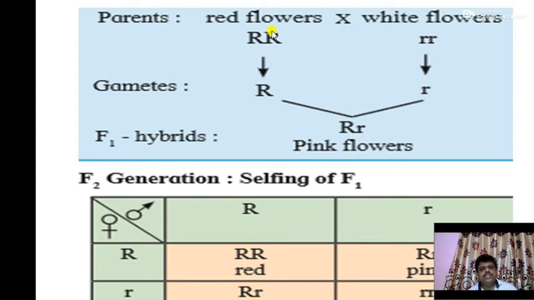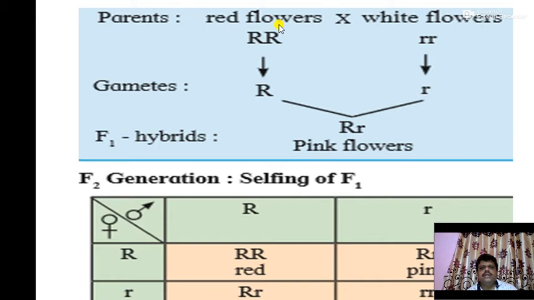This is a red color flowering plant, the 4 o'clock plant. The scientific name of this plant is Mirabilis jalapa. When the red flowering Mirabilis jalapa is crossed with the white flowering plant, this is the genotype for the red flowering plant and this is the genotype of the white flowering plant.